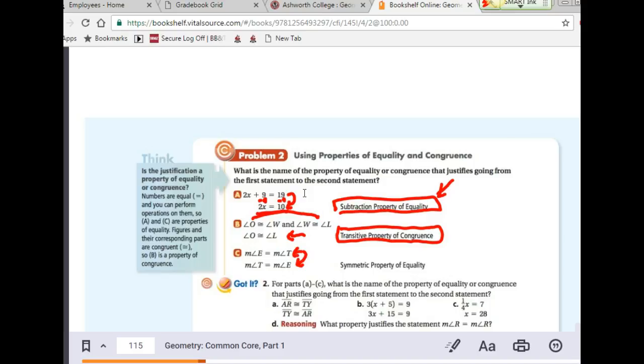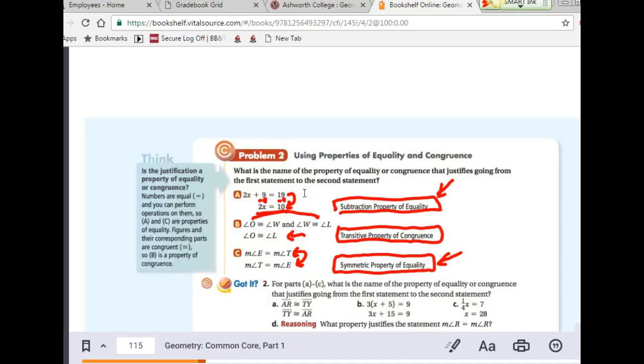And again, what allows us to say that is a property called the symmetric property of equality that says it doesn't matter which way you say the two things, which one comes first or which one comes second, they're still equal. Even if you reverse them, they're still equal. That's called the symmetric property of equality. And that would be the reason to justify going from step 1 to step 2.